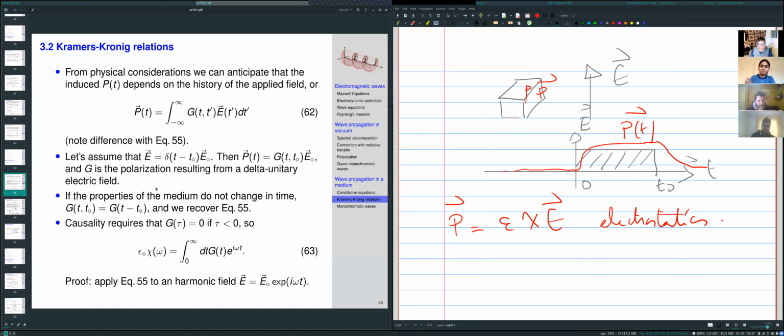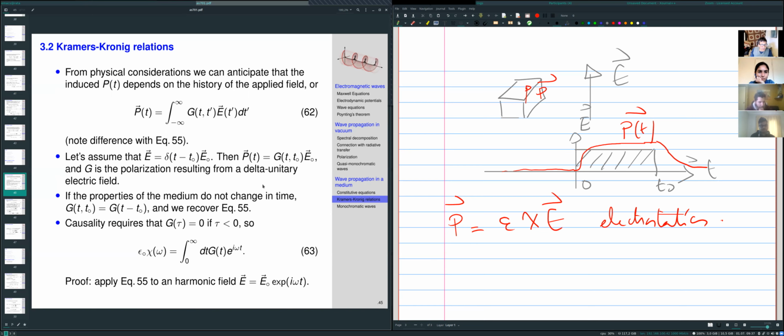Now, for instance, we apply a delta function for the electric field. Suppose that we just have a pulse. We apply an electric field at some time t0, and that's it. Then the polarization given by equation 1662 is going to be just the product of this kernel and E0.